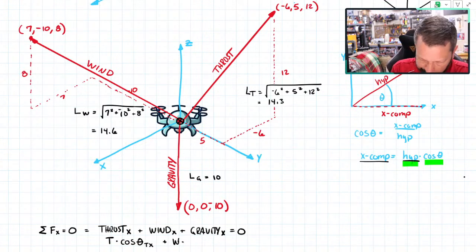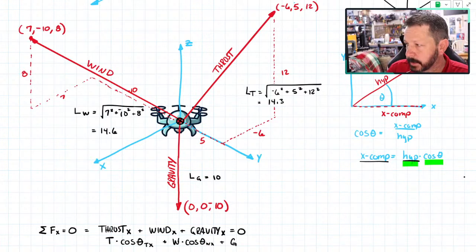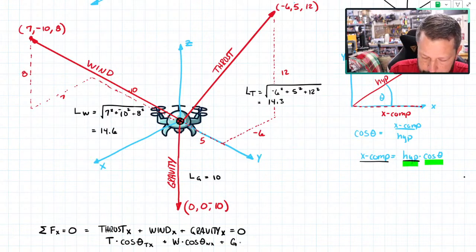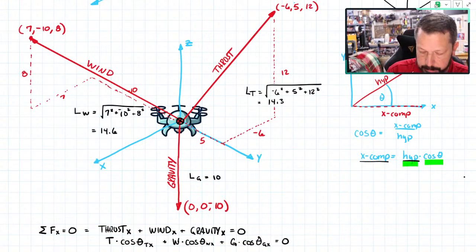So the x component of the wind is equal to the magnitude of the wind times the cosine of the theta that is between the wind and the x-axis, plus gravity, we'll call that G. We could have called that weight because it's how much the drone weighs, but G times the cosine of theta, where that theta is the angle between the G vector and the x-axis. And those all have to add to 0.